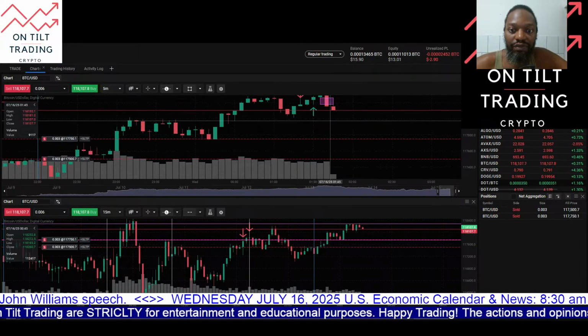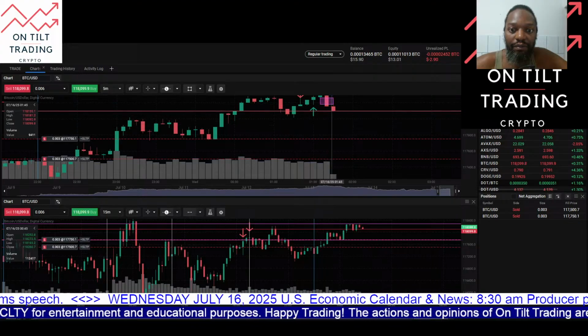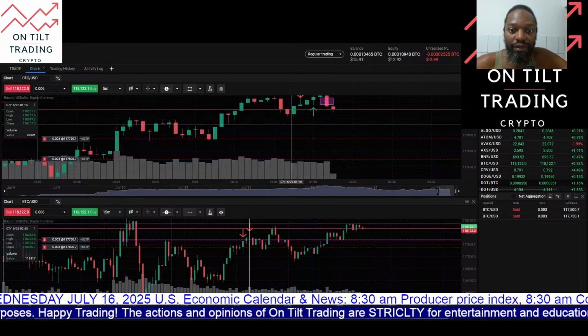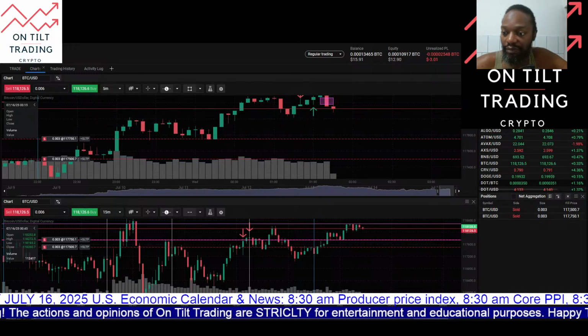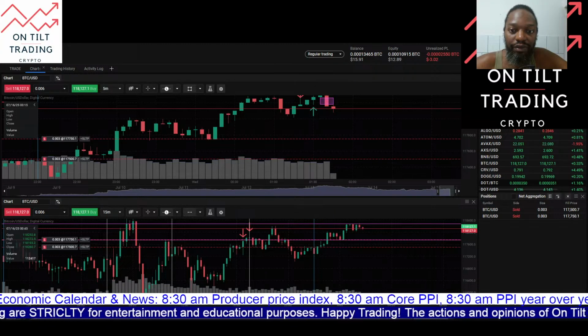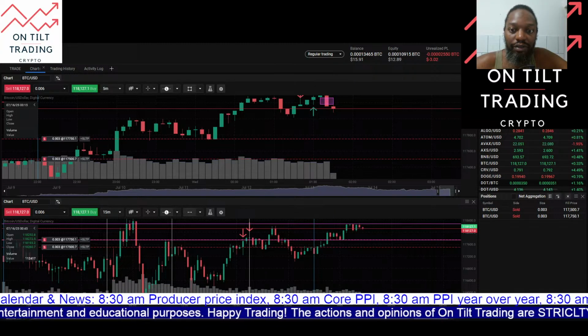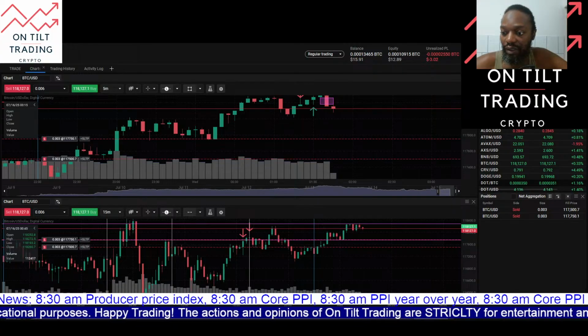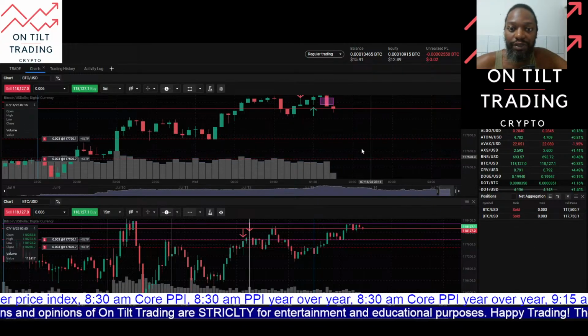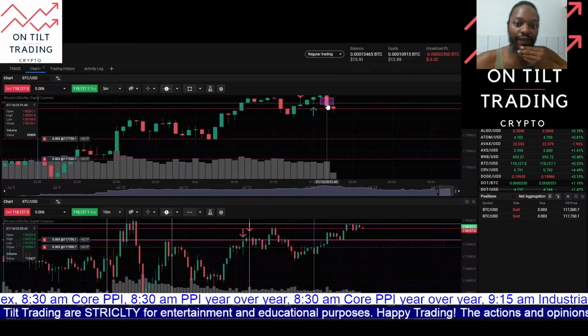Now we're getting this fair value gap being put in here. And then it's possible that price action could close below this level here, creating another market structure shift. So I am going to prepare for another potential short position here based off of this fair value gap.